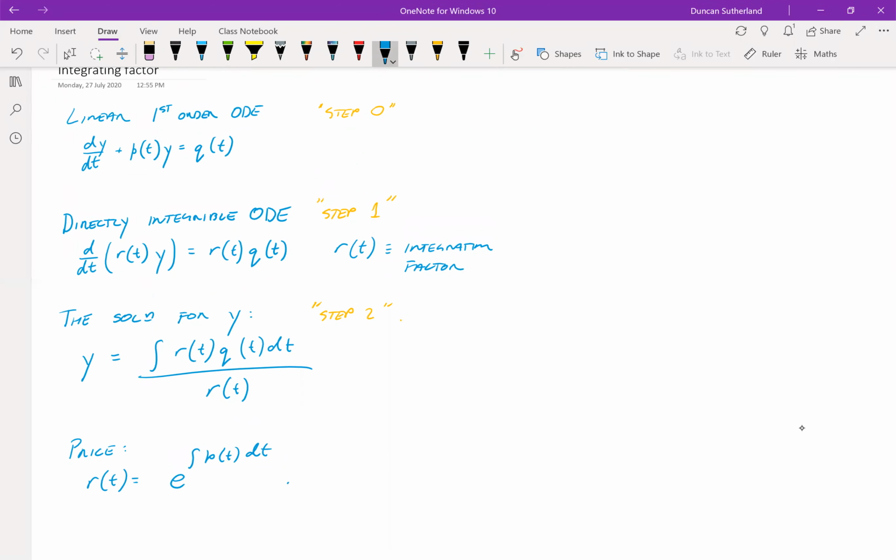So that's quite a tricky function to deduce. But this is the idea of solving first order ODEs with the integrating factor. We're going to see where this integrating factor comes from, right? So we're going to look in this big gap in here.